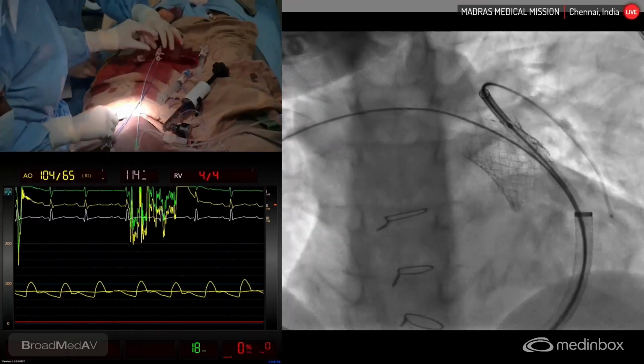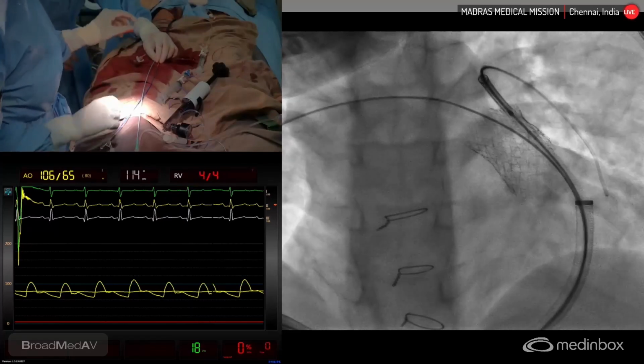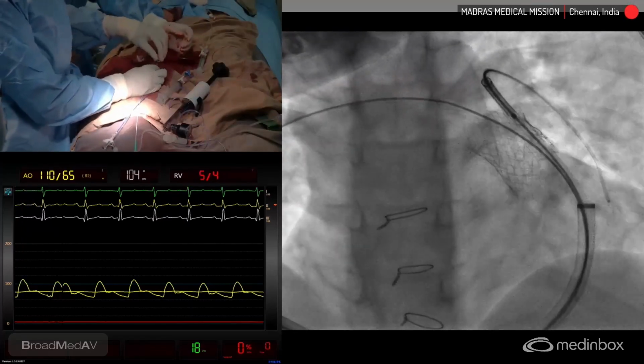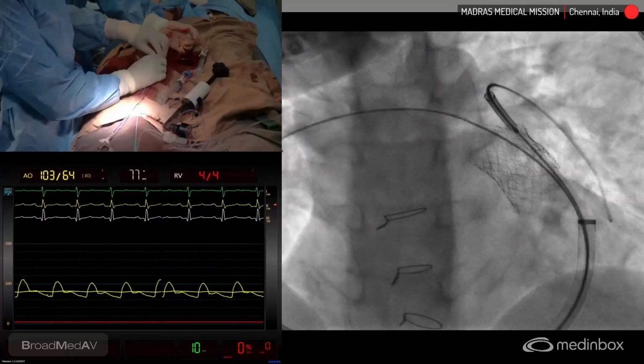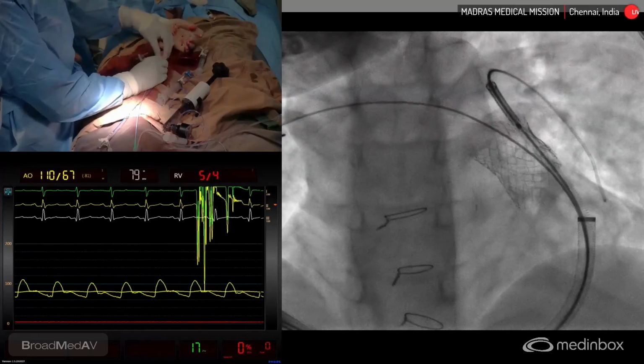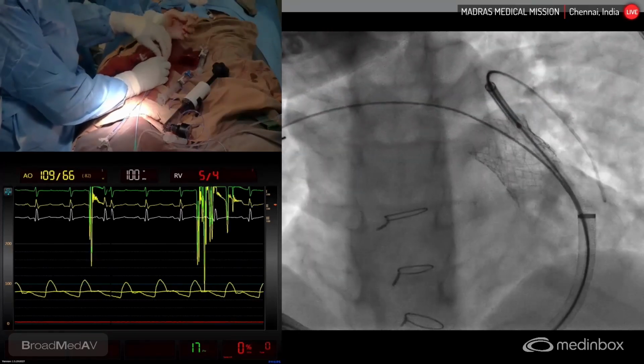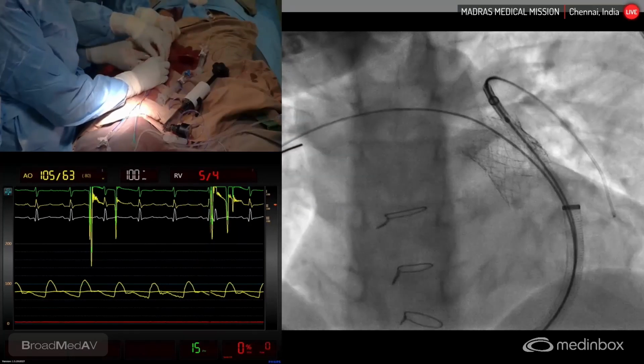So what we'll do is we'll expose this stent and deploy the left pulmonary artery stent.